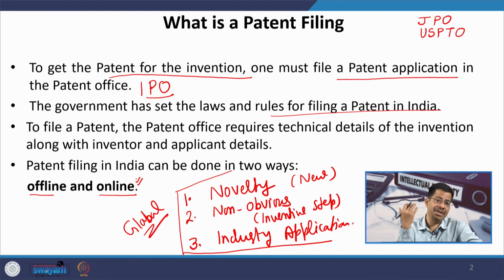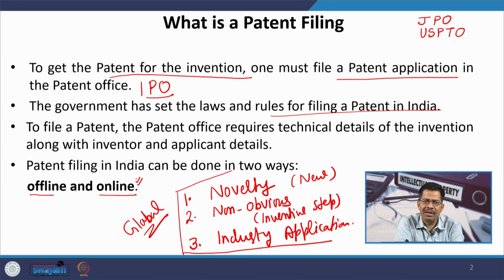There is a perception, a myth, that these IP attorneys take huge charges for filing the applications, and many of us may have this kind of deterrent in our mind that it is a very expensive activity, and many of us may not be able to see the clear benefit of IP protection.